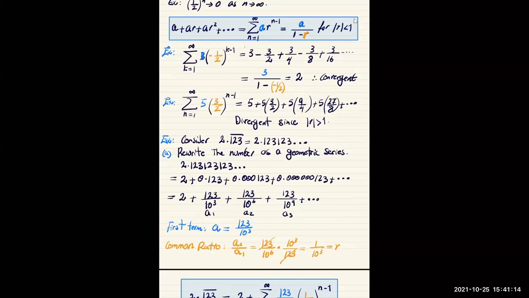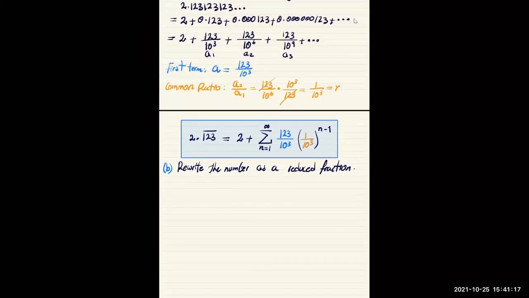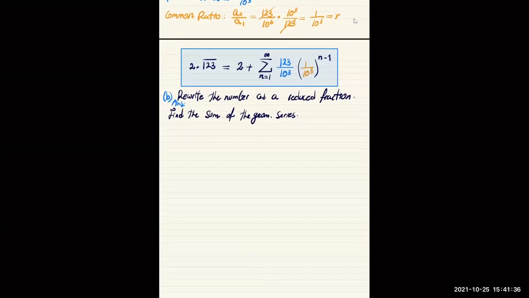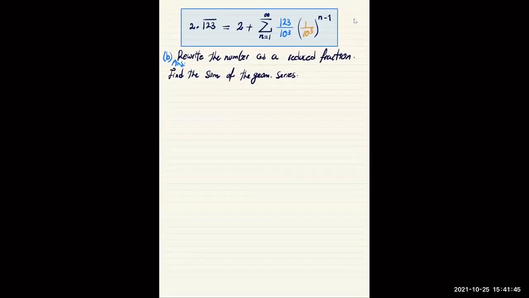That's basically what you're doing: find the sum of the geometric series. This is how you answer the problem. Here we know this is A and this is R, and the sum is A over 1 minus R.